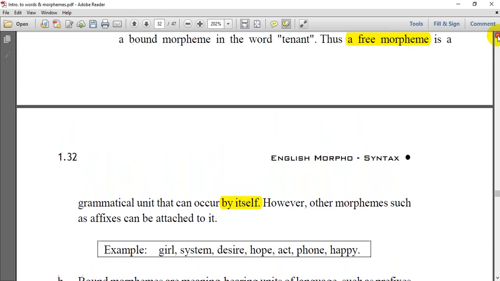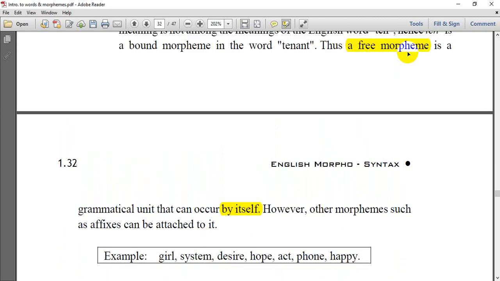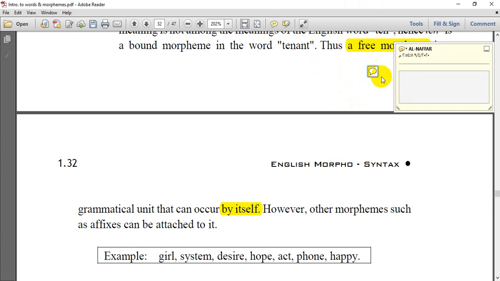The free morphemes have two basic types. The free morphemes can be lexical morphemes, and we have functional morphemes. It's very important. Just a minute, to write about it.